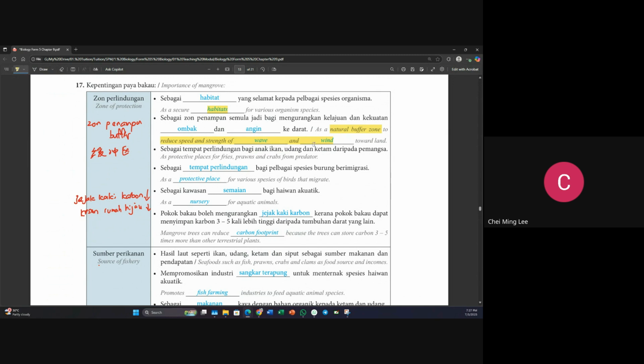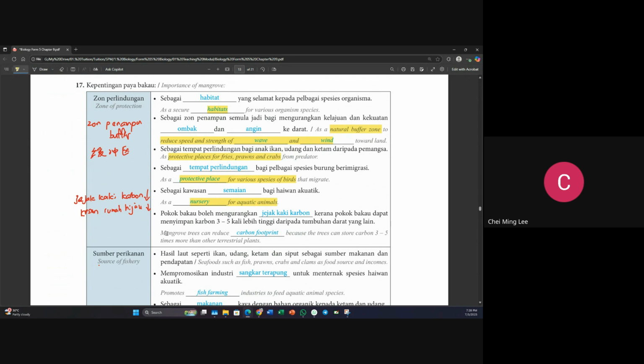Okay, and it becomes a protective place for fry, prawns and crabs from predators. It is also a protective place for various species of migratory birds. And also a nursery. A nursery is actually the place for animals to give birth, to lay their eggs, something like that.